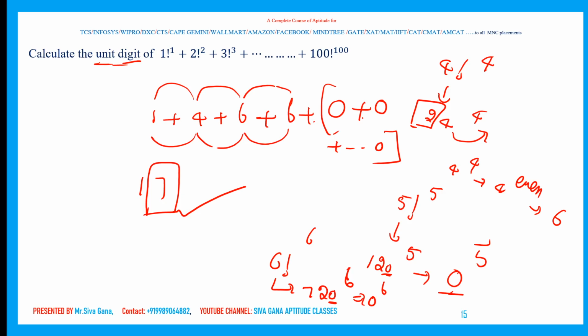Then check whether the power is in 4k plus 1, 4k plus 2, 4k plus 3 or 4k form. If the power is in 4k plus 1 form, its unit digit is the same as a power 1. If the power is in 4k plus 2 form, a power 4k plus 2 unit digit is the same as a power 2. Like this. Only two steps are enough to crack it.